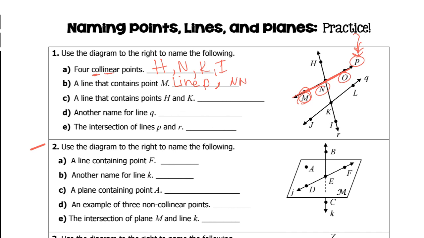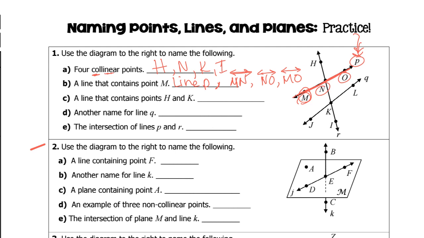So line MN, so those are 2 points, and you have to use the right notation for that. So that's also the name of the line. You could also name it NO because O and N are on the same line. You could have also said MO. These are all the ways you could have named the line. But remember, you only have to pick one.